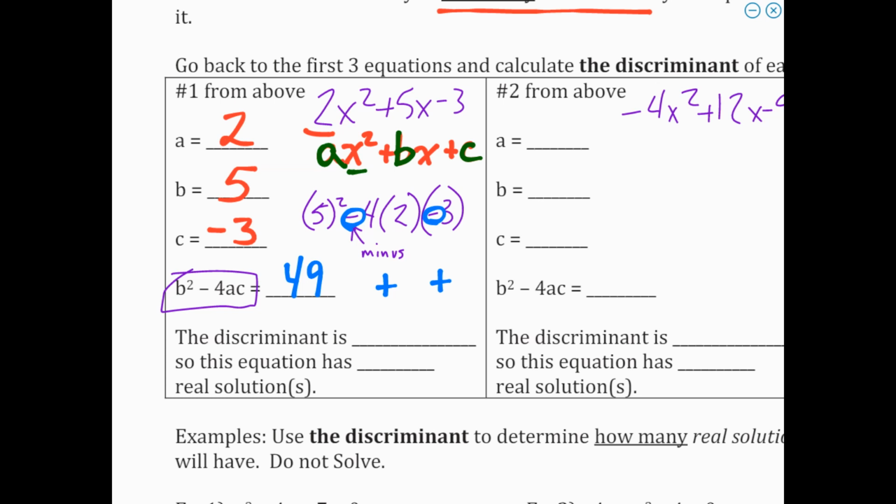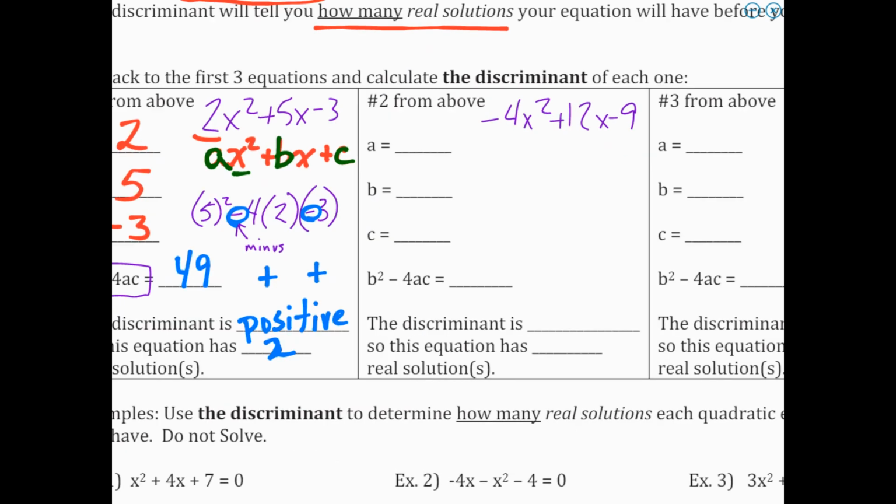So if the discriminant is positive, that's really all I need to know. I don't need to know the number. I just need to know if it's positive. If it's positive, that means I'm going to have 2 real solutions, because we graphed it up at the top so we could see that it had 2 real solutions, right? So if the discriminant is positive, you should have 2 solutions.